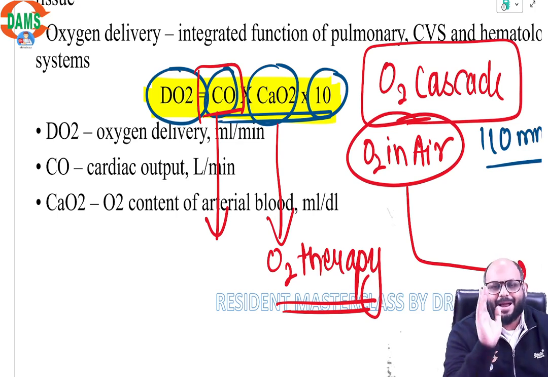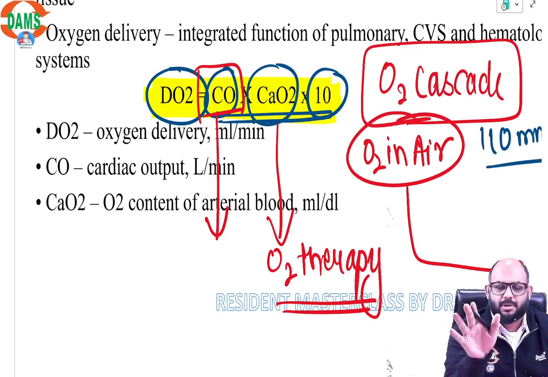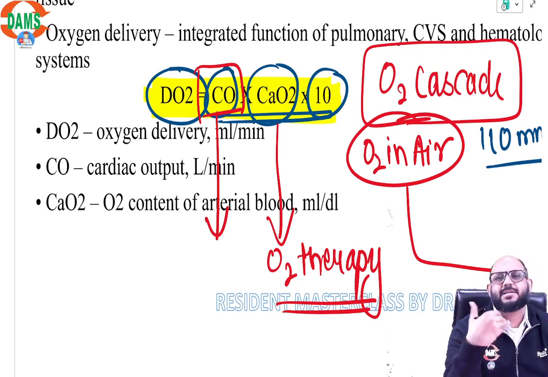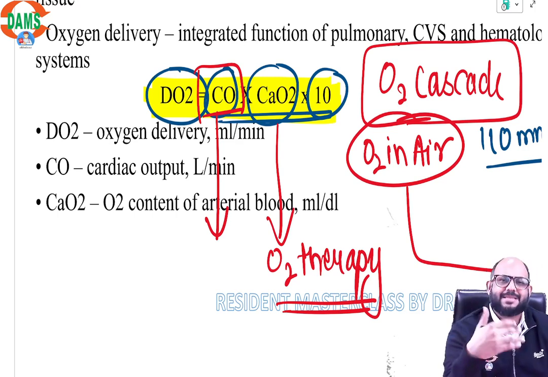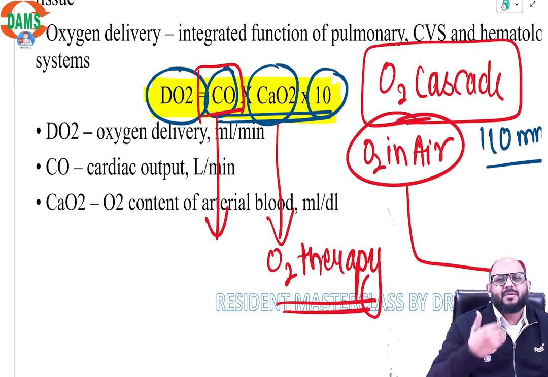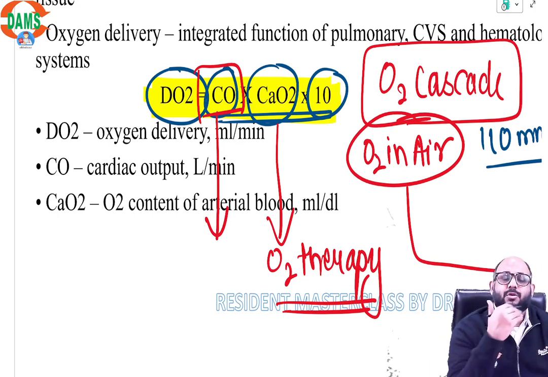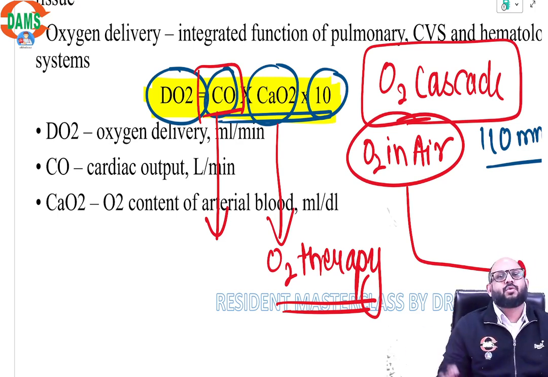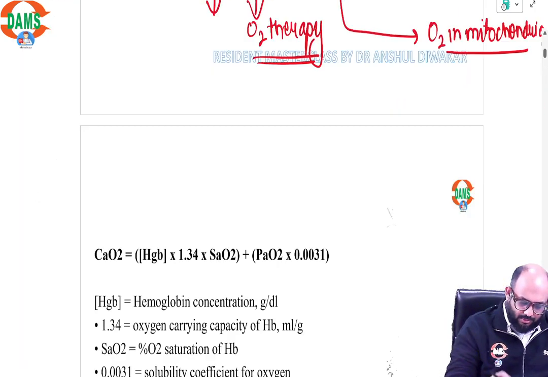Hypoxia means at the level of the tissues. Understood? Why am I insisting on this? Because as respiratory physicians, anesthetists, intensivists, we tend to overlook the fact that you might not always be helping the patient simply by giving them oxygen. This is the backdrop behind which this whole oxygen therapy has to be understood.